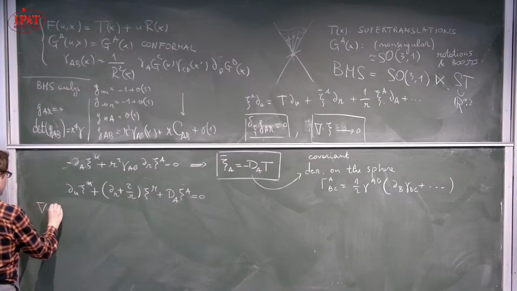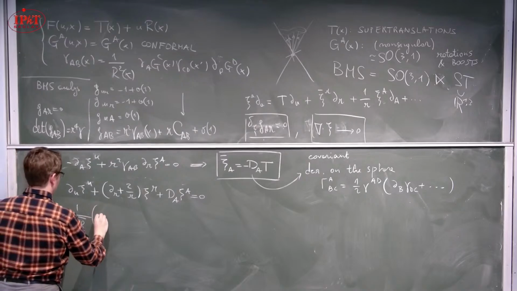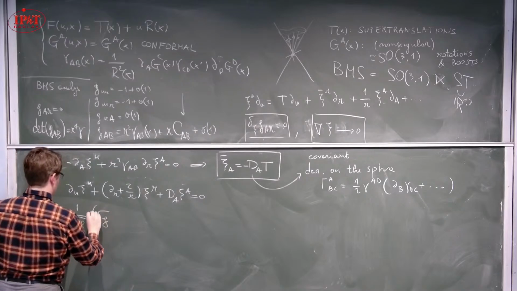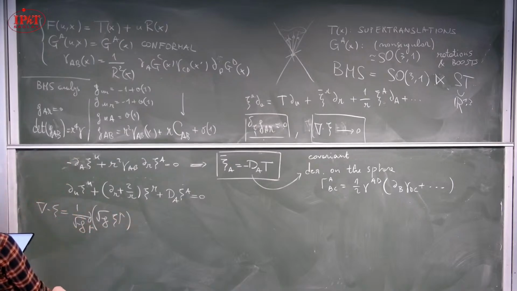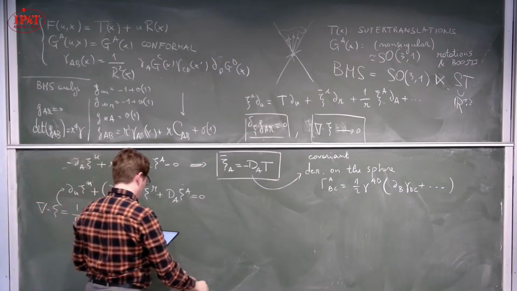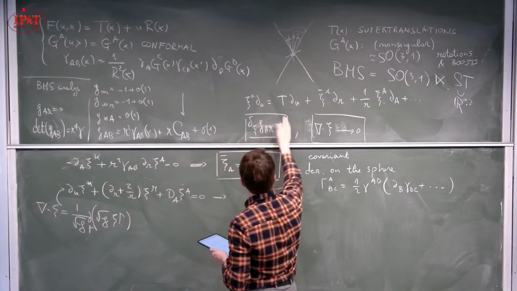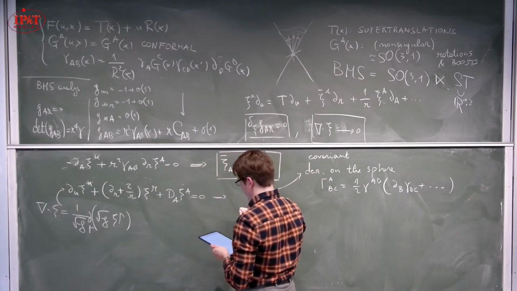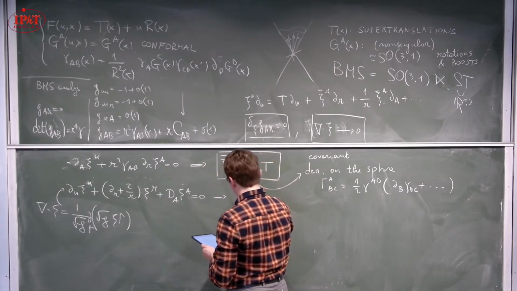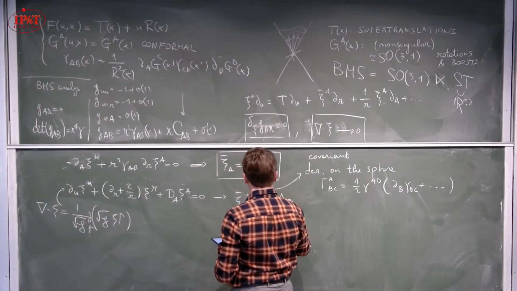And okay, the result, you substitute this ansatz again, and now what we gain is that we can express ψ^r also in terms of T as follows: 1/2 Laplacian.